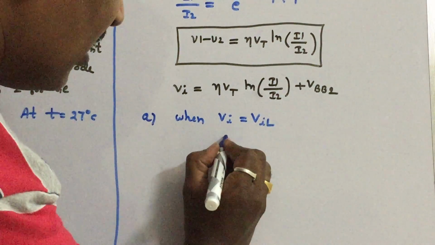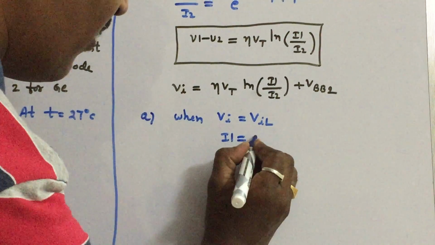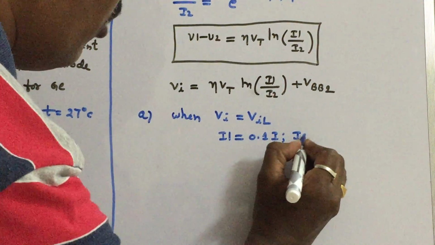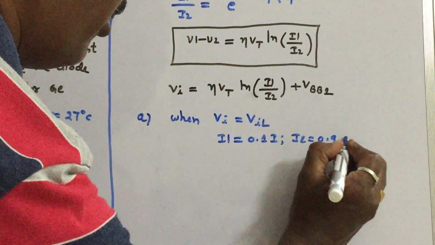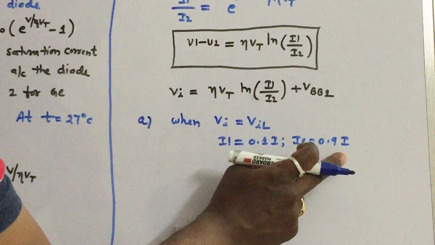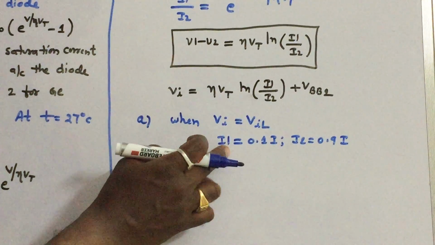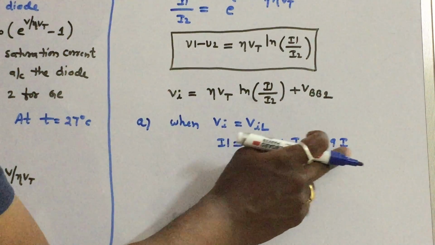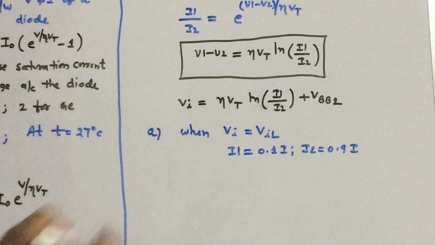Under this case, the current I1 is very small, 0.1 I, and the current I2 will be very large in the circuit, 0.9 I. If you add I1 plus I2, you get I. Because the input is very low, take I1 as 0.1 I and I2 as 0.9 I. Substitute in this equation.